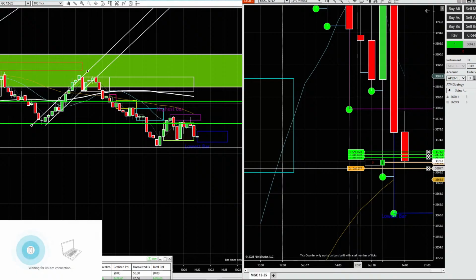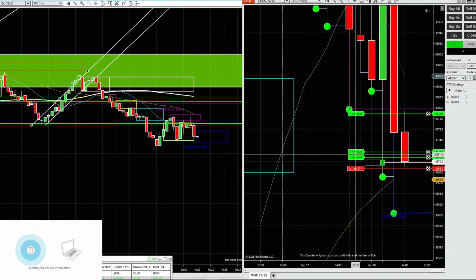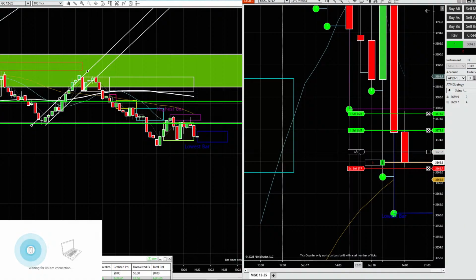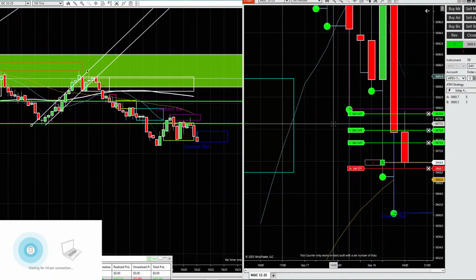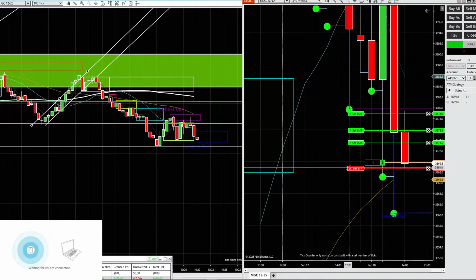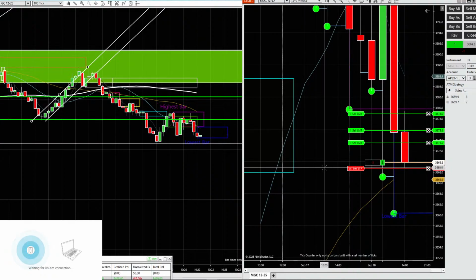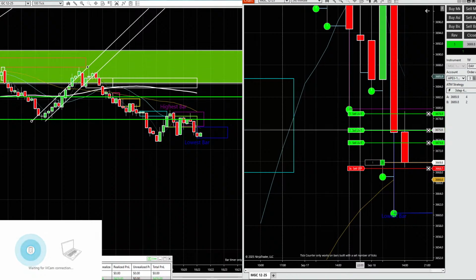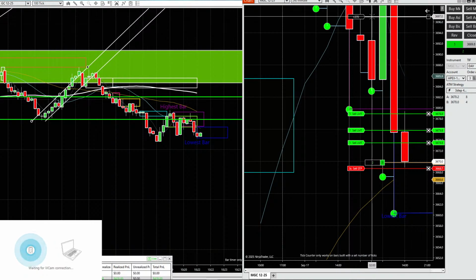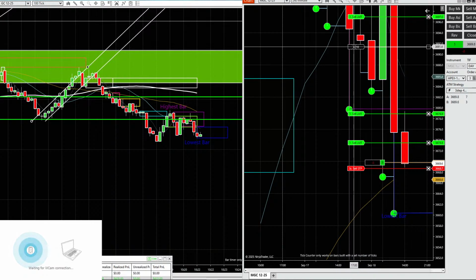Right behind this wick. Now I could just pile drive down, but that's why we keep our stops right at the end there. So not a tremendous amount of ticks there, but the move up is massive if it holds.